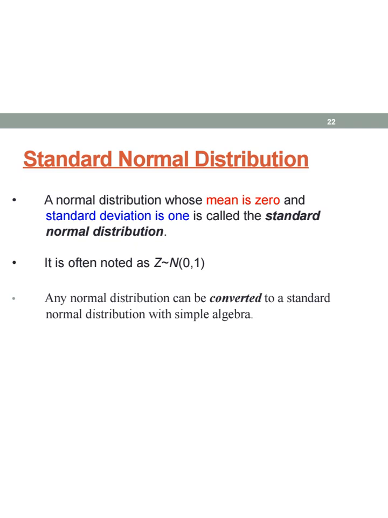And for normal distribution, there is a special type called standard normal distribution. For standard normal distribution, normally we use capital Z to represent our random variable. In the future, if you see the notation capital Z, it represents standard normal distribution.